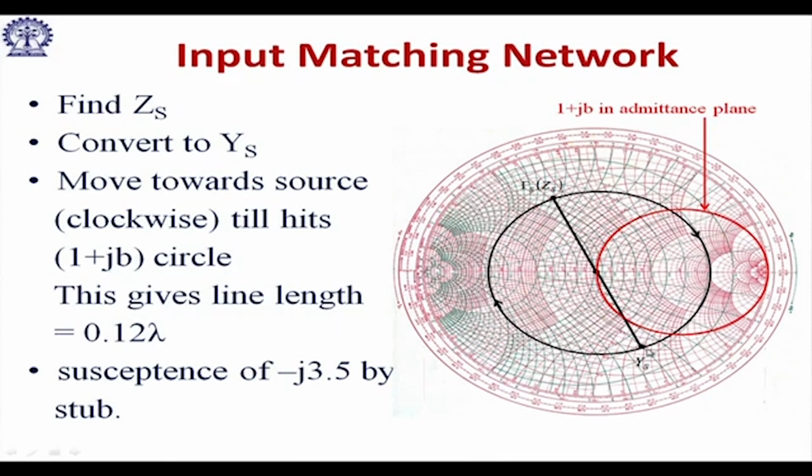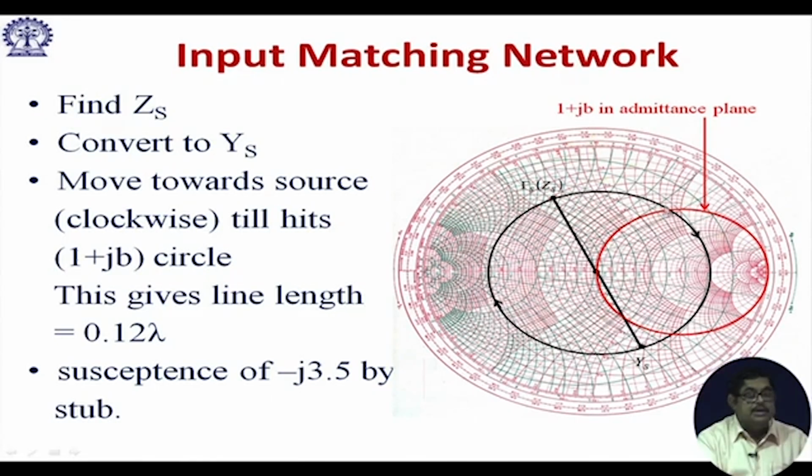From here to here, up to this point, I have 0.12 lambda, and then here you find out the susceptance. This is the 1 plus jB circle. There is some susceptance, and since it is an admittance scale, this upper portion is minus j. So that is minus j 3.5, which you need to adjust by putting a stub.